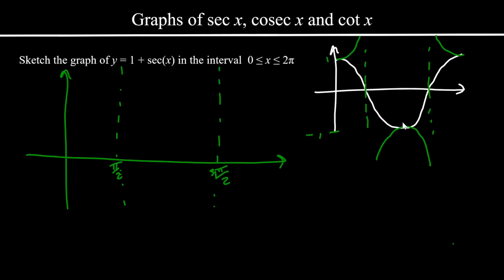We're going to be at 0 at pi, and at 2 at 0 and 2 pi. And then we've got the shape like so.